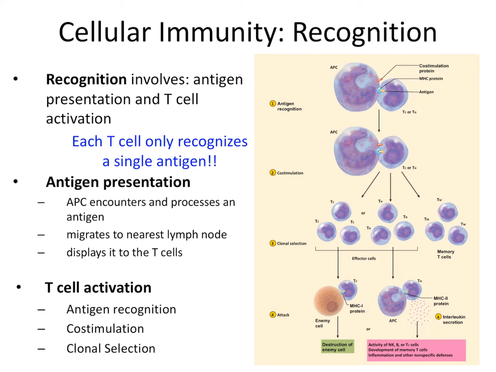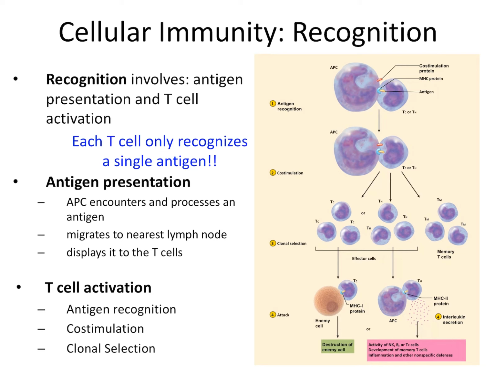Now, only the T cell that is programmed or appropriate for responding to that particular antigen is going to be able to respond to that antigen presenting cell. So that is going to be called antigen recognition, the point at which the matching T cell binds to or recognizes this antigen presenting cell that contains this antigen bound to the major histocompatibility complex on its cell surface.